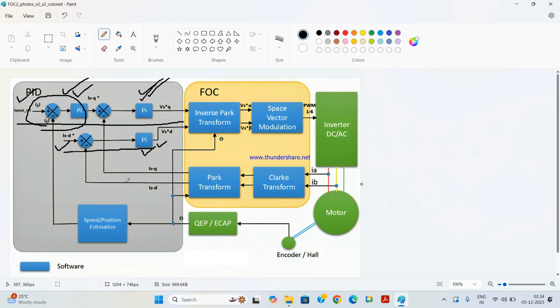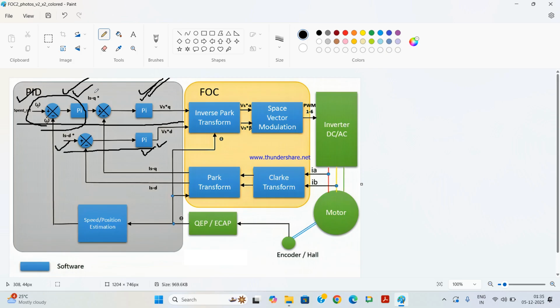People who are electrical engineers can understand my statement. So for the flux loop, your output is the magnetization or the flux or the magnetization current, and the input is the stator direct axis current.